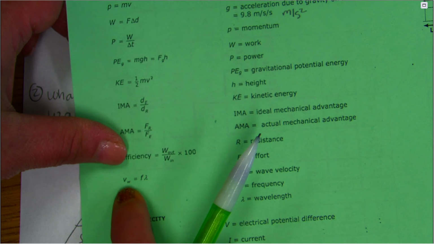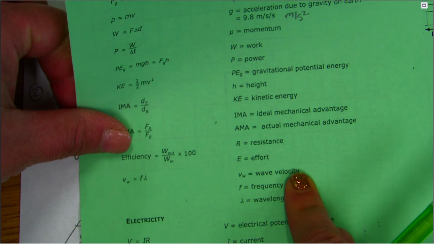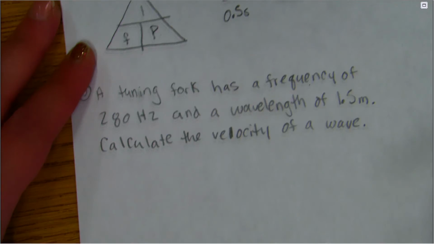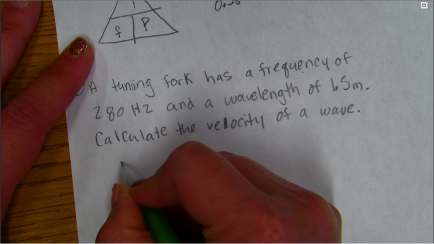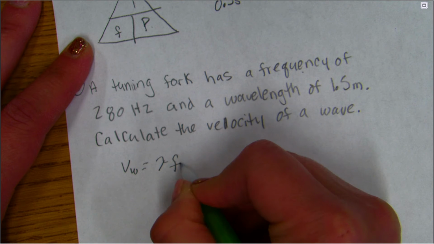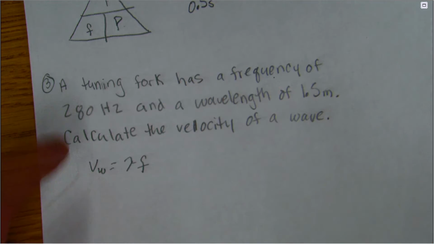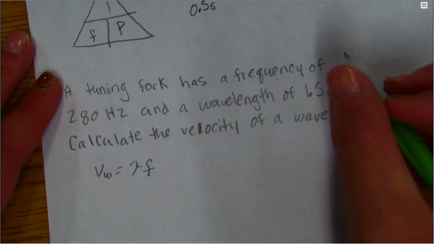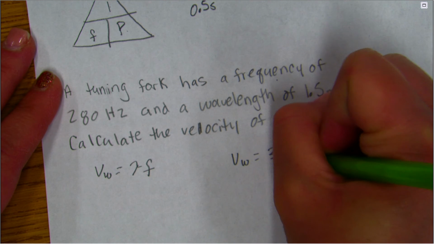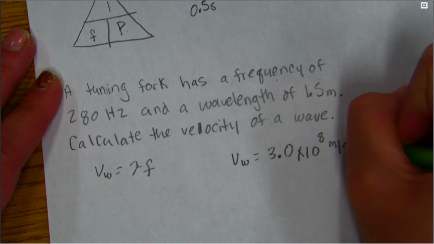All right, where v is our velocity of the wave. All right, and we know that velocity is speed with a direction. So the velocity of a wave is going to equal the wavelength times the frequency, where the velocity of a wave is 3.0 times 10 to the 8th meters per second.